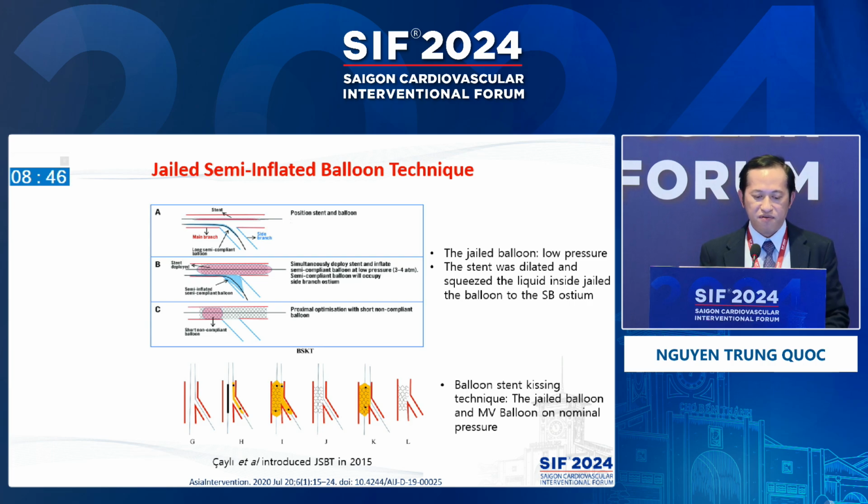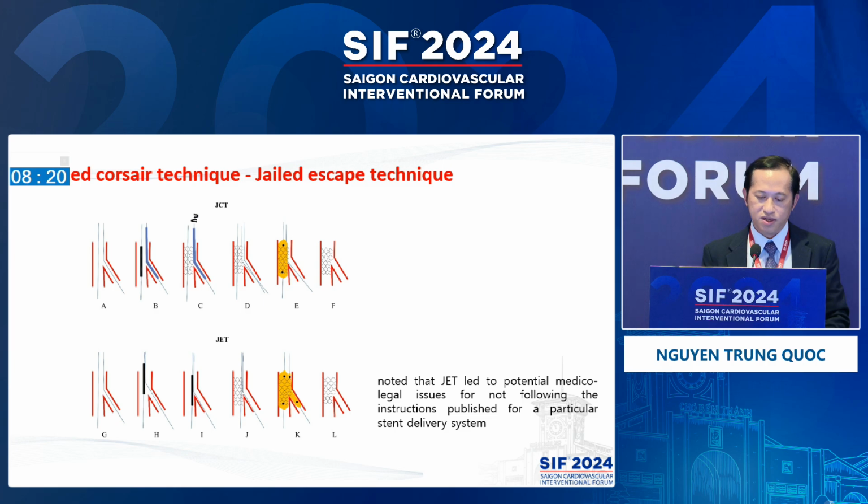In the main branch, we deploy the stent in the normal vessel. When we deploy the stent, we can switch the contrast to the balloon in the side branch, and then we do a POT. In the other technique, they use kissing with the stent and balloon in the side branch, and then do post-dilatation.